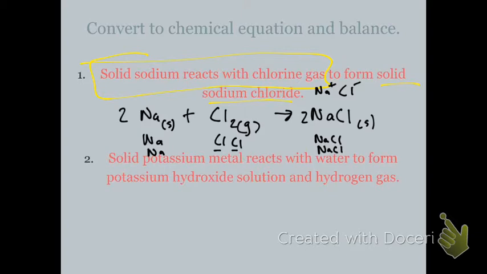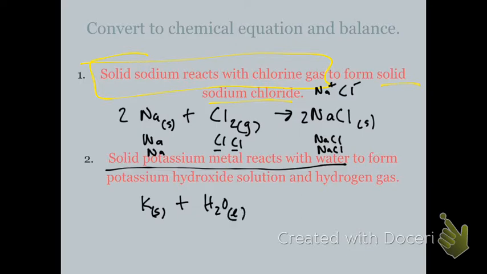So solid potassium metal reacts with water to form. Okay, that's my reactant. So potassium solid metal reacts with water. Water is liquid at room temperature to form potassium hydroxide solution. So this is actually tricky.